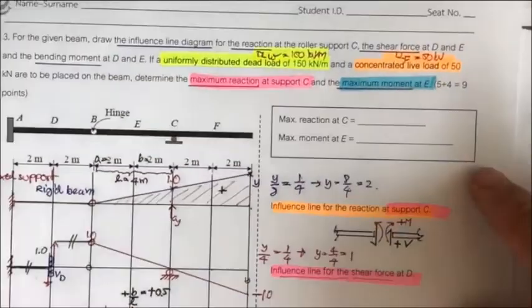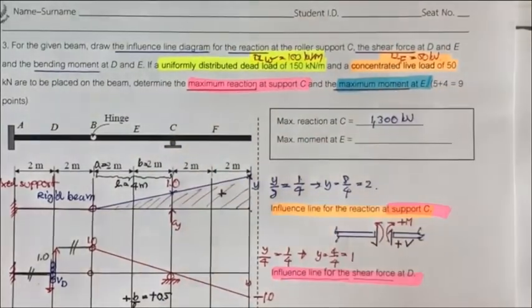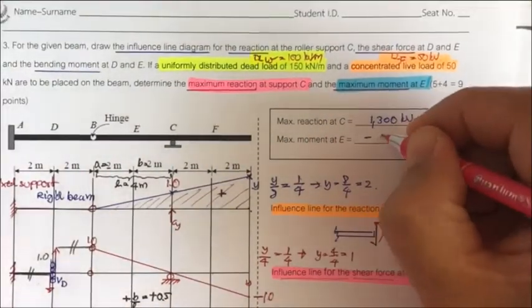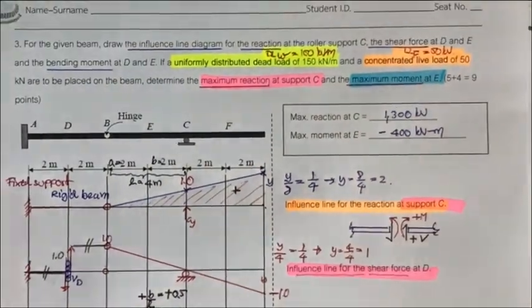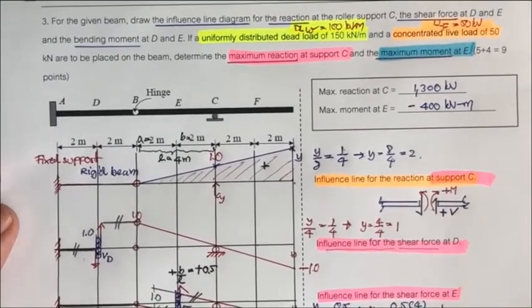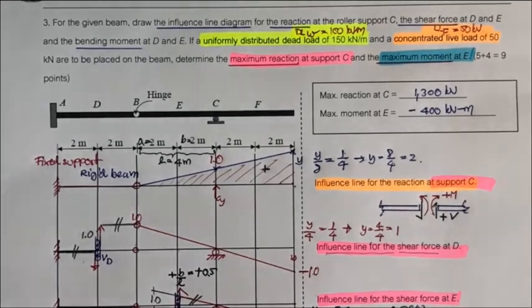And then you got this for 1300 kilonewton, and the moment at E of minus 400 kilonewton meter. Okay, this is the end of this example, and I hope you guys try to understand it and work on this example by yourself with hand calculation. Okay.